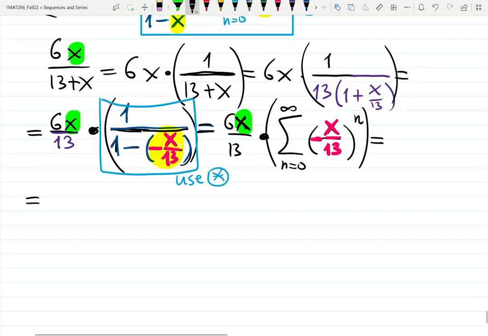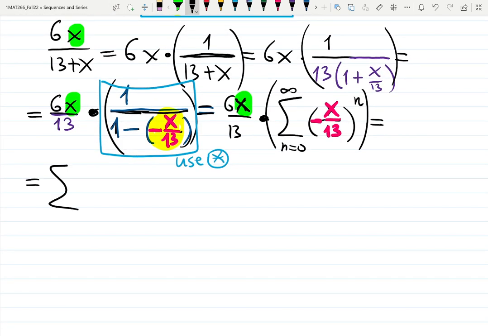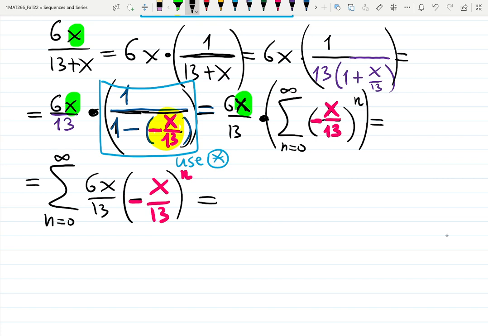Let's finish. Now we're going to distribute, or basically submerge 6x over 13 into the sum. 6x over 13, and then this minus x over 13 keeps waiting. It's from 0 to infinity. If you have struggles with this step, write down everything carefully. So we will have 6 over 13.